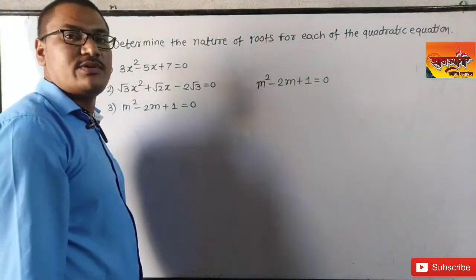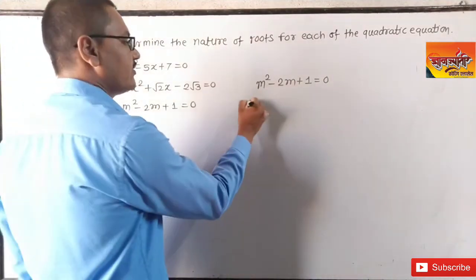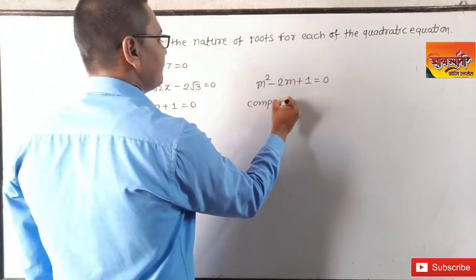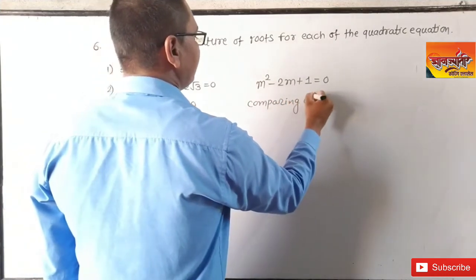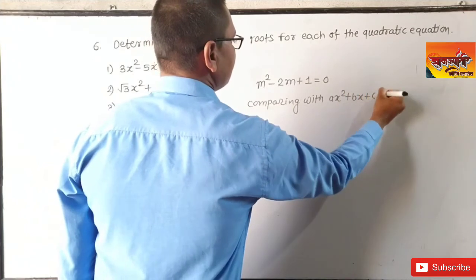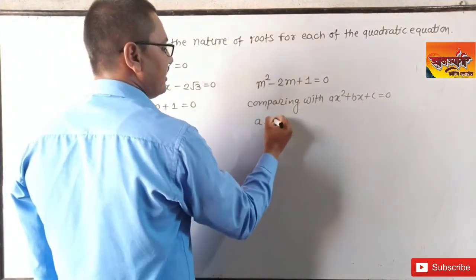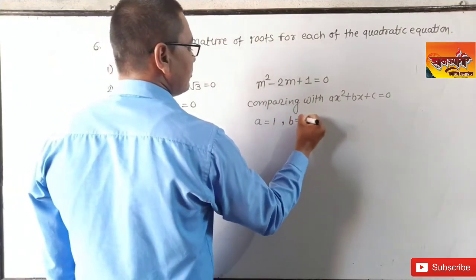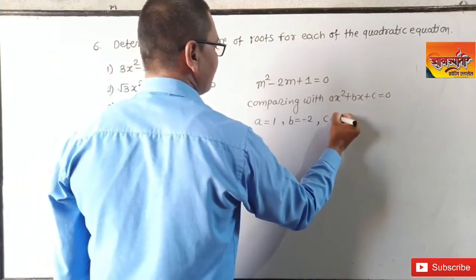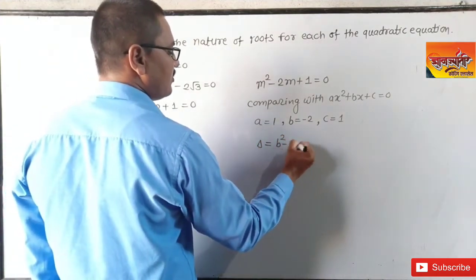Simplifying like the previous problems, compare with the standard form ax square plus bx plus c is equal to 0 and find the values of a, b, c. Here a is equal to 1, b is equal to minus 2, and c is equal to plus 1. Then find delta is equal to b square minus 4ac.